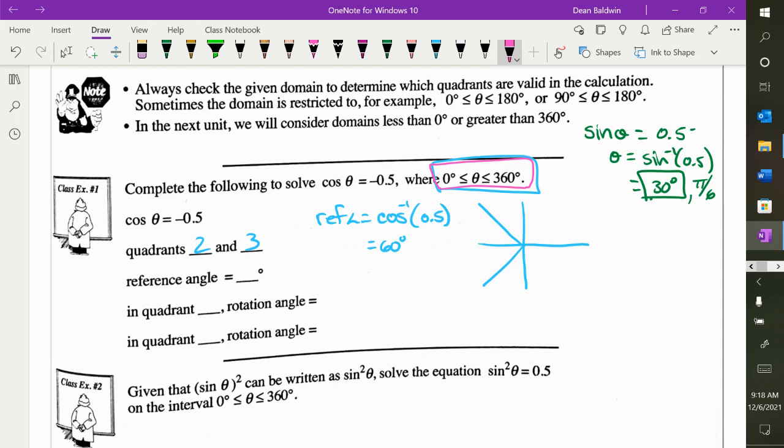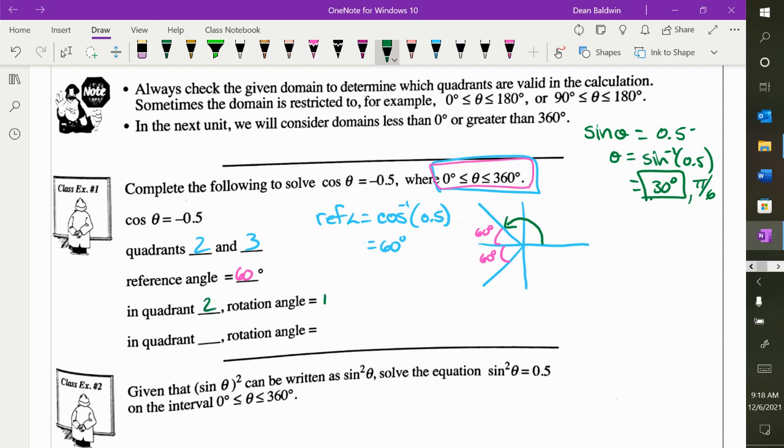So that means your reference angles are between what and what? The x-axis? Yes. So this is 60 degrees and this is 60 degrees. So reference angle is 60. So what is my rotation to get to there? 120 degrees.